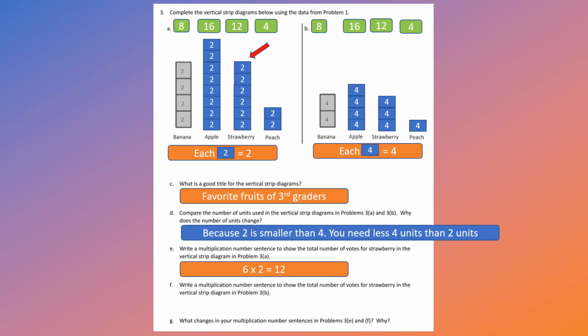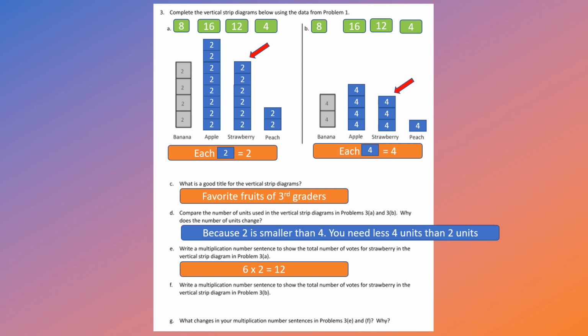Now, let's go on to question F. Question F says, write a multiplication number sentence to show the total number of votes for strawberry in the vertical strip diagram in problem 3B. So I'm going to point an arrow at the column that we're supposed to be focusing on, which is right there. Now, here we're counting by units of 4. How many 4's do you see that represent strawberry?